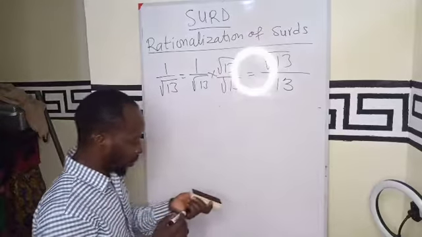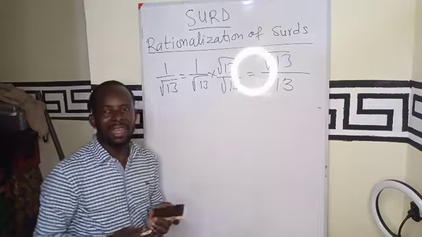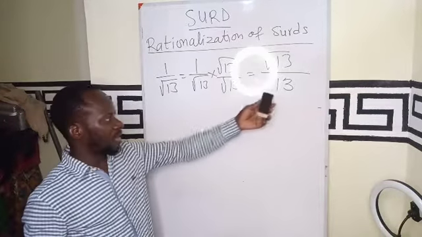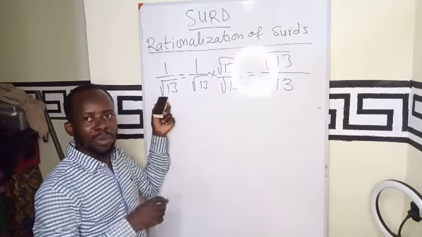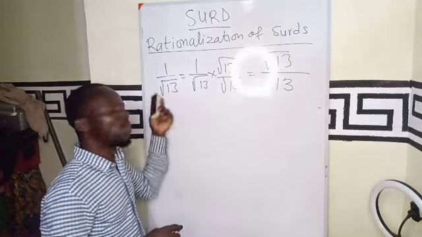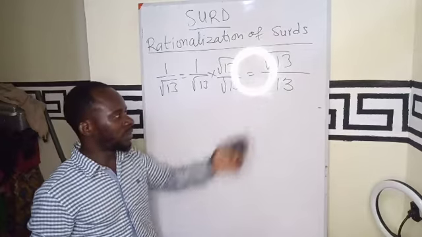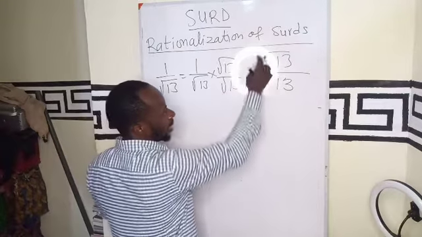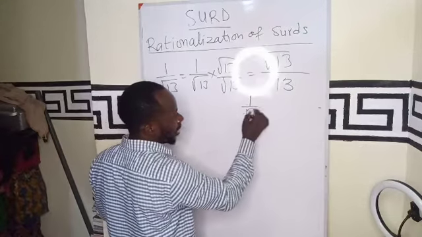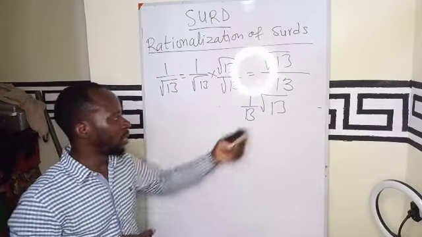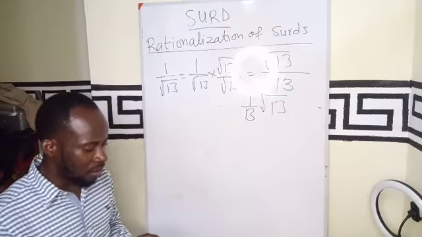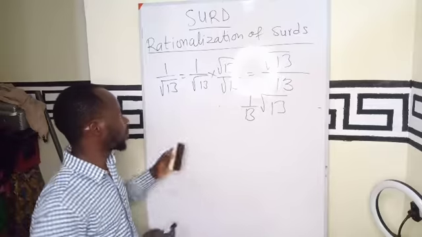So this is what you get, root 13 over 13. This is perfectly simplified, but 1 over root 13 is not simplified because the denominator consists of a surd. So this can also be written as 1 over 13 root 13. This will be the simplified version of what we have.